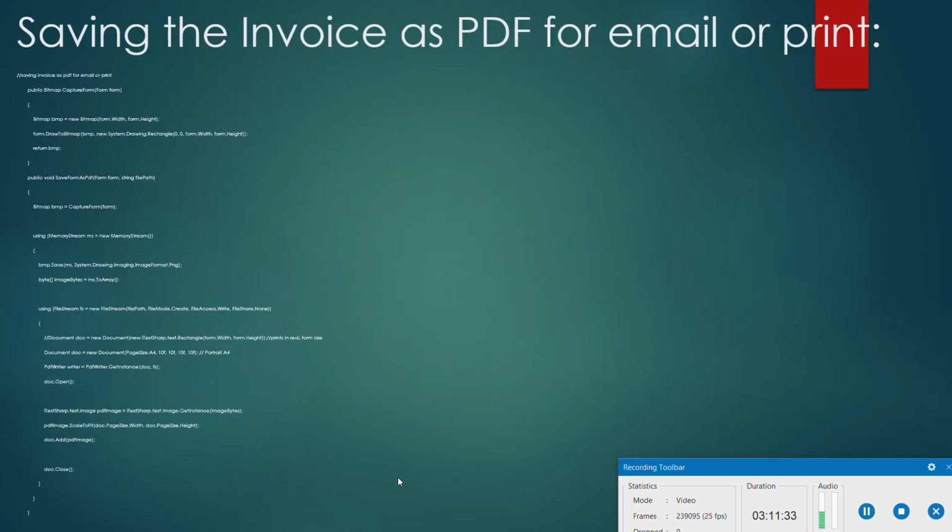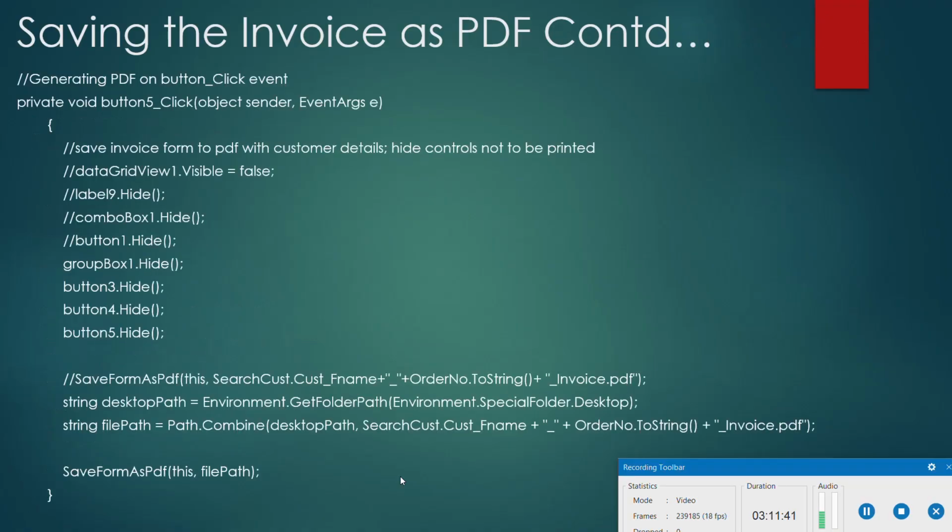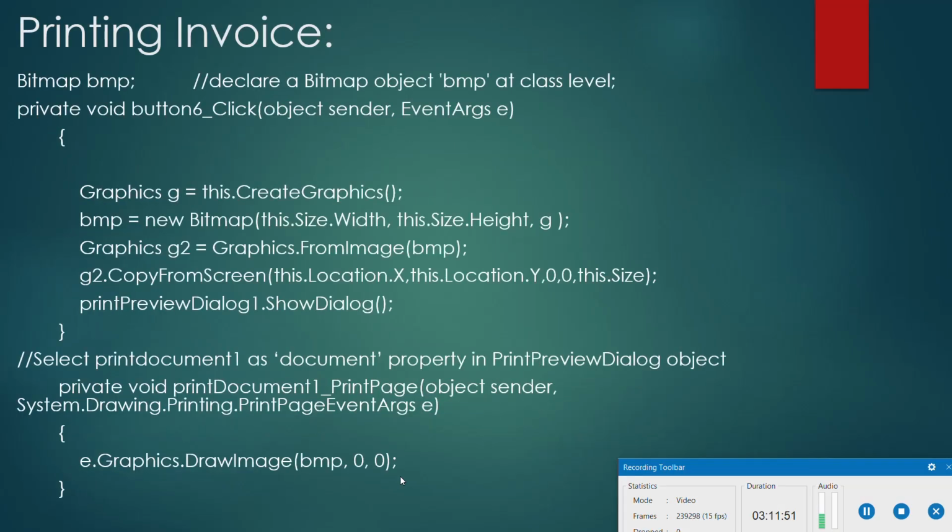There's some code here in the slides which you can utilize for saving this invoice as PDF, and also some code here to print the invoice. You can try to use some of this functionality or try and improve on it further.